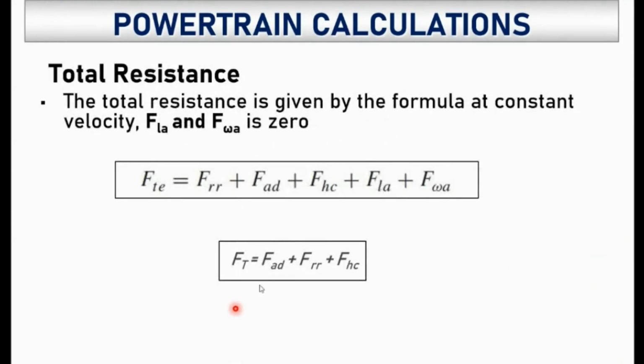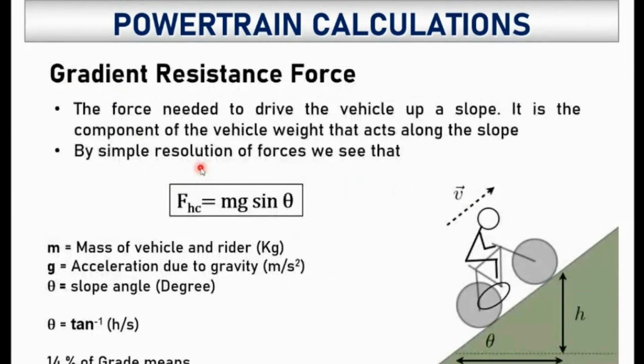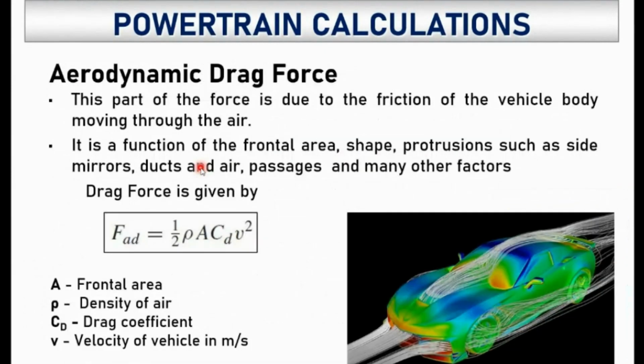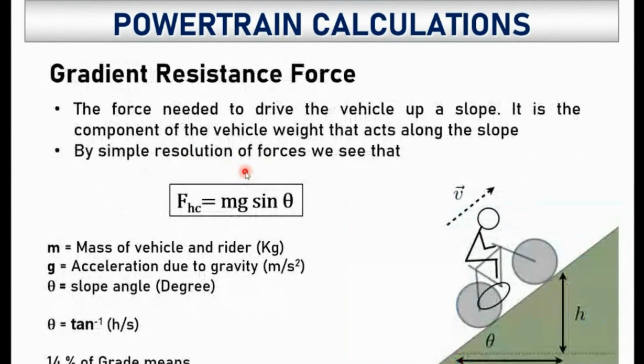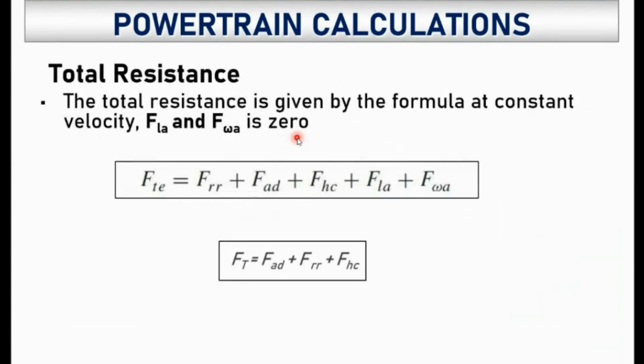And with this you will have your total resistance. We have just discussed the aerodynamic drag force, the rolling resistance force, and the gradient or the hill climbing force required if you want to climb a grade. So these are all the resistance forces that we should overcome.